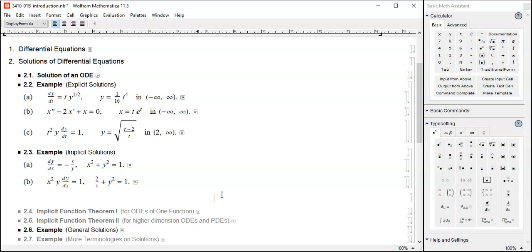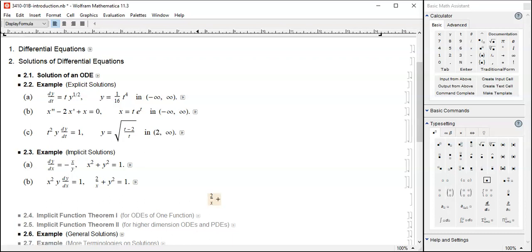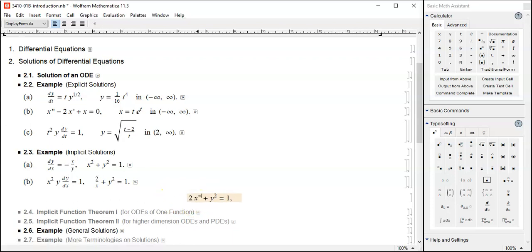Anyway, we have 2 over x plus y squared is equal to 1, and let's check if this is indeed a solution. Take the derivative. Oh, by the way, I prefer power form. So let's take the derivative.